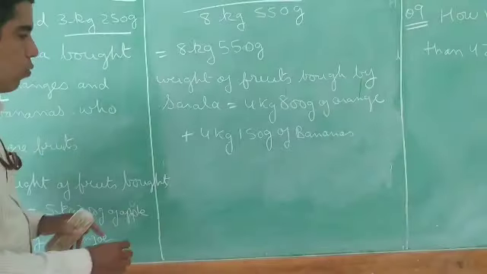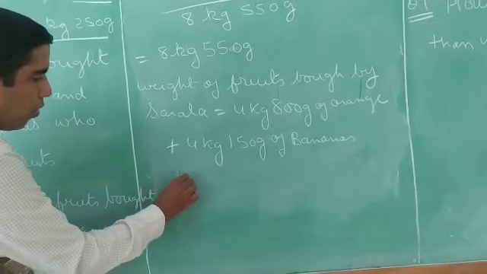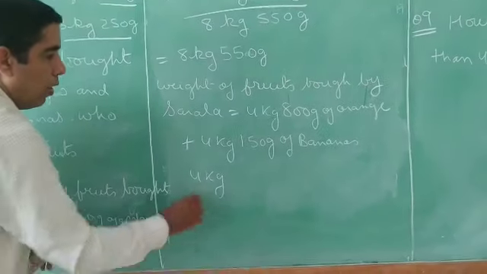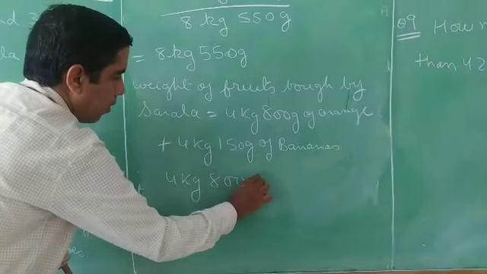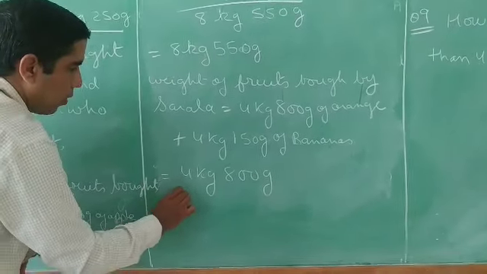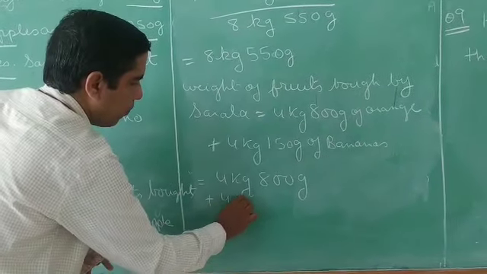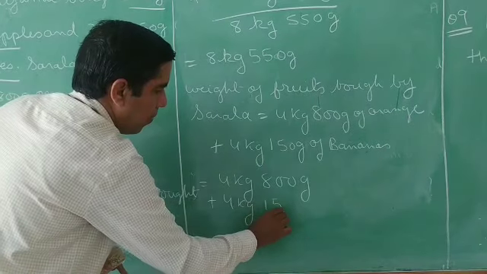Now I have to add these two. You can see the addition I am doing here. 4 kg 800 gram plus 4 kg 150 gram.